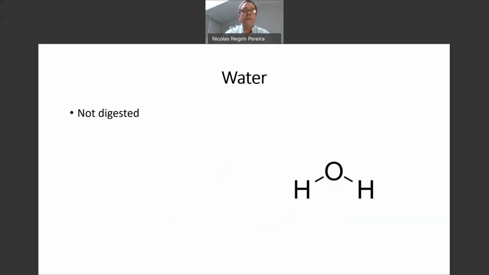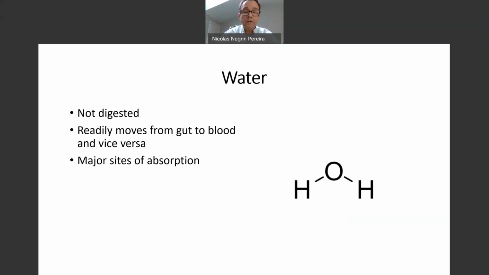So let's start with water. Water, of course, is not digested, and it's part of the digestive process. And water will readily move from the gut to the circulation and vice versa. The major site of absorption for water is the omasum. If you remember, that is one of the 4 stomachs of the ruminant, which has the aspect of a book with the different folds that resemble the pages of a book.